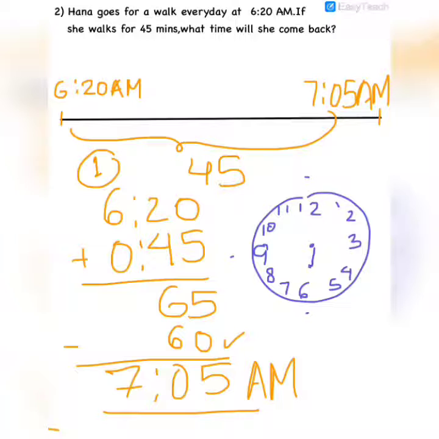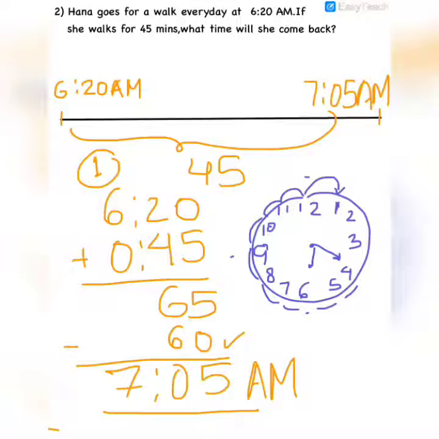Hour hand will point at this and minute hand will point at this. So we have to calculate 45 minutes. 5 minutes, 10 minutes, 15 minutes, then 20, 25, 30, 35, 40 and 45 minutes.